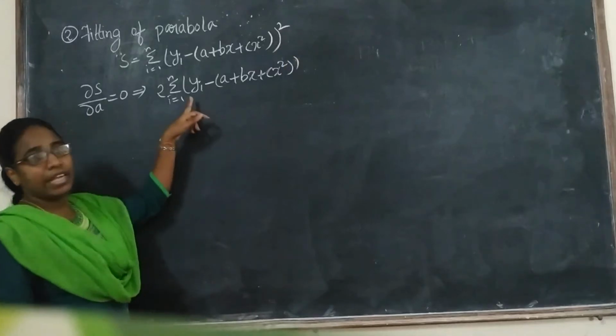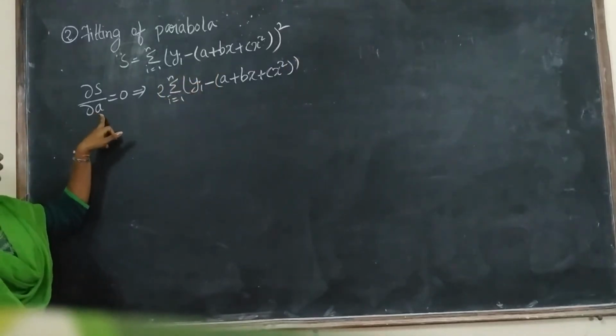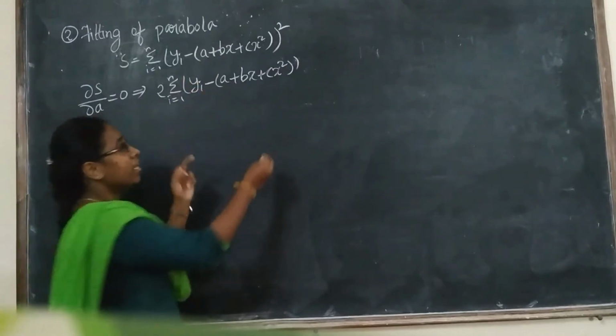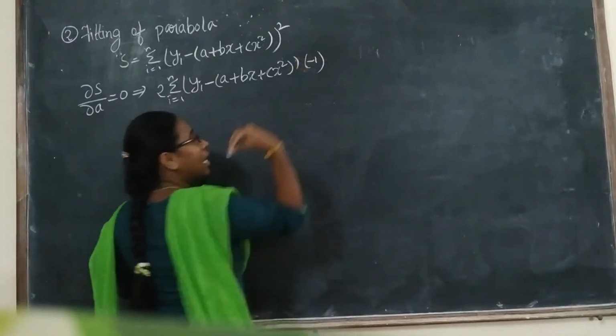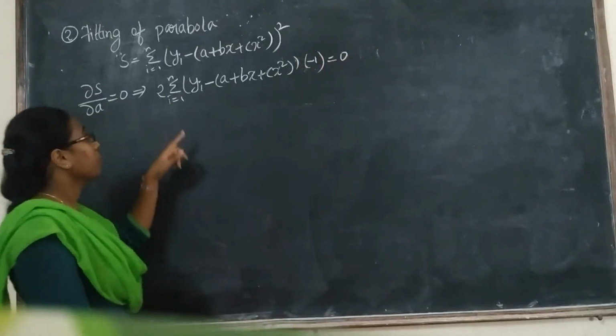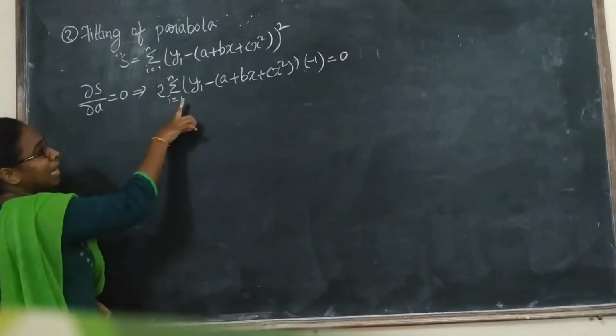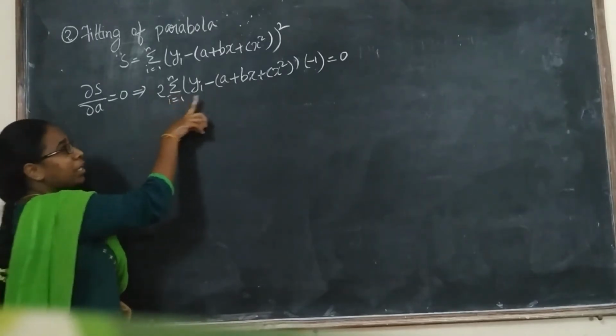And again the inner differentiation here we are doing with respect to a. So the coefficient of a is -1. So multiply it with -1 and equate it to 0. Send this 2 to the right side, it will become 0, and multiply the minus and summation value inside.